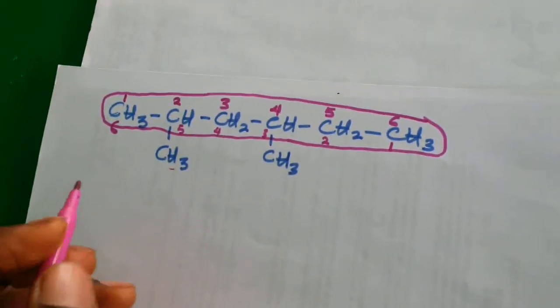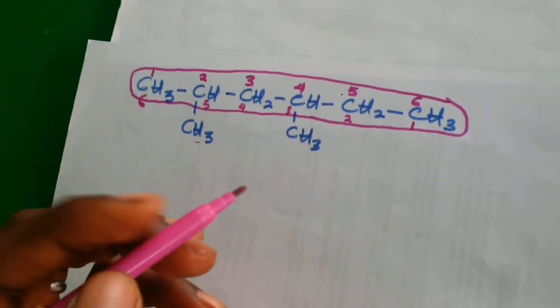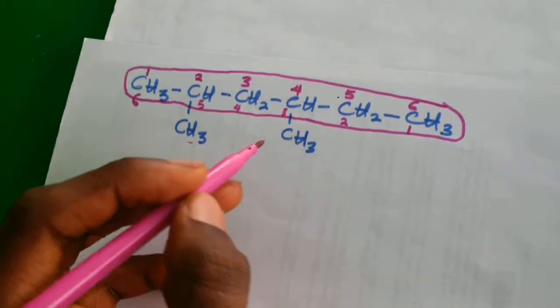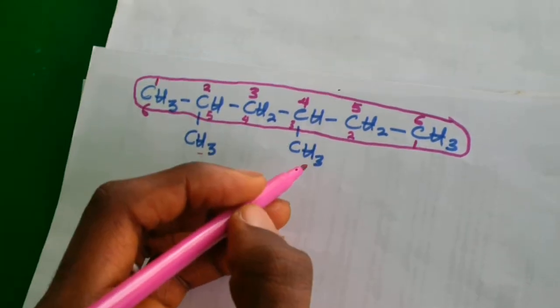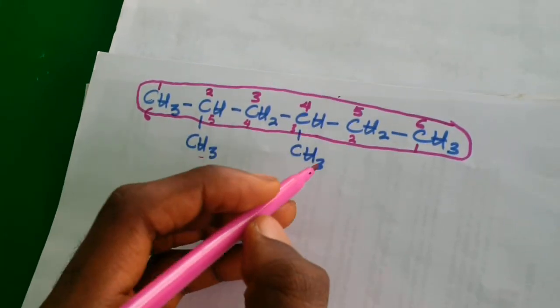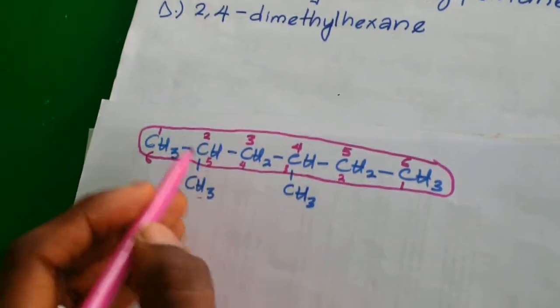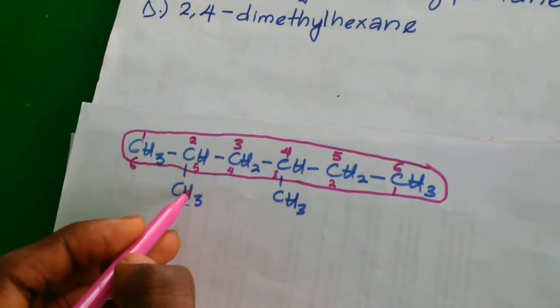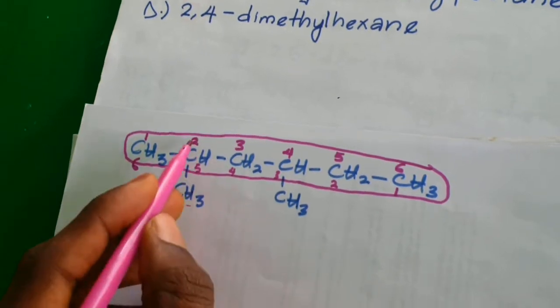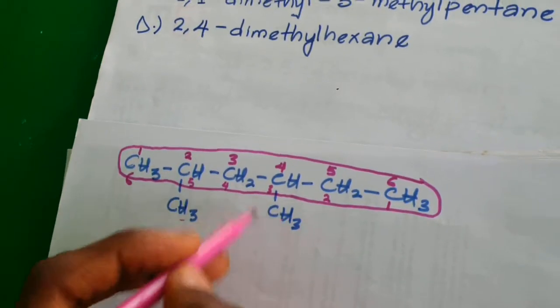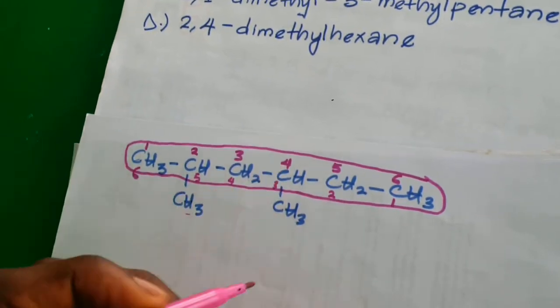In both cases, we are going to consider the number on the carbon that has the substituent. Taking this counting into consideration, the first substituent, which is the first methyl, is on carbon 2. The second methyl is on carbon 4.